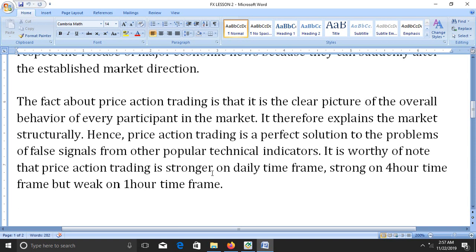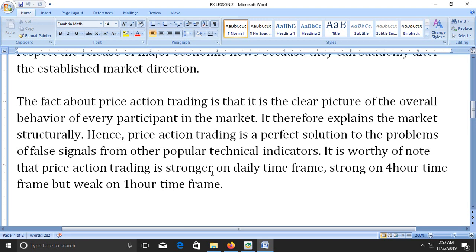In a way it presents everything in a picture, in the chart. So that is a good thing, and it is therefore a very good ideology that I will always recommend for any trader. It explains the market structurally. If you understand this practice, you will see the structure of the market.